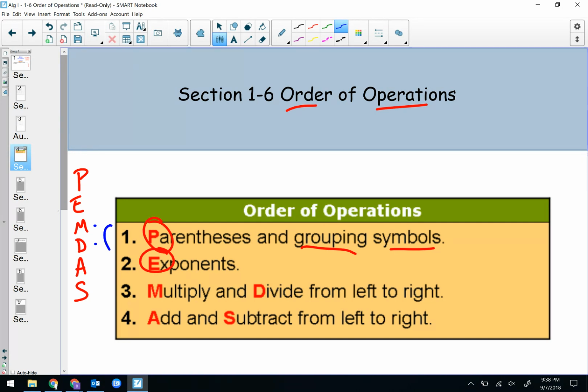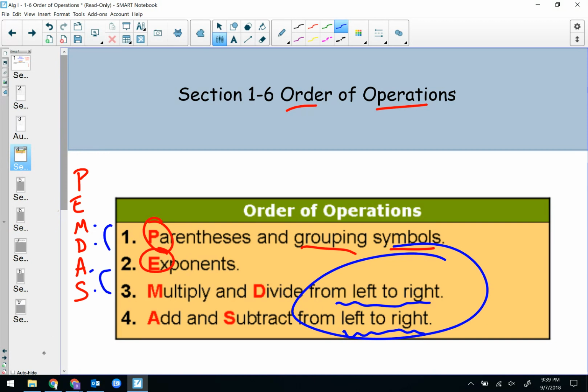Multiplication and division come on the same step. You just go from left to right. Same thing with addition and subtraction: you go from left to right. That's the part that trips a lot of people up. Just because we write PEMDAS like that, a lot of people think I have to do multiplication before division, or addition before subtraction, and that is just not true.